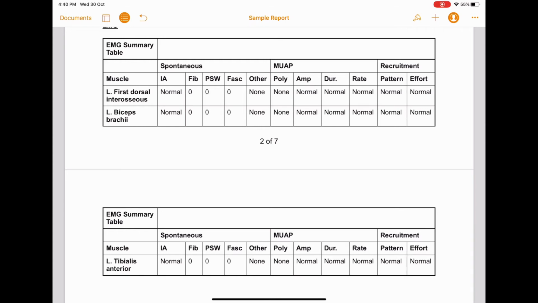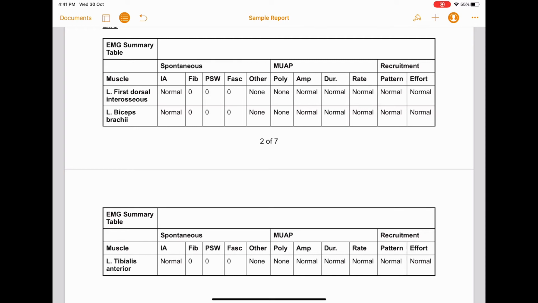Then you keep your needle still at rest for a few seconds and see if you notice any spontaneous activity. Usually spontaneous activity is abnormal except for a few spontaneous activities. The normal spontaneous activities are your end plate action potentials and end plate spikes, end plate spikes and end plate waves.